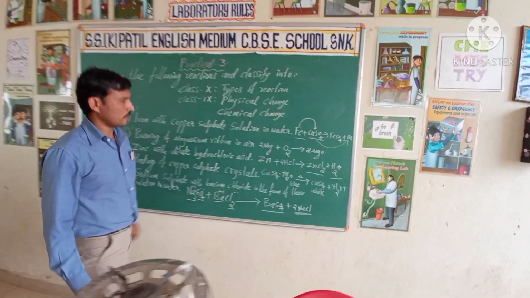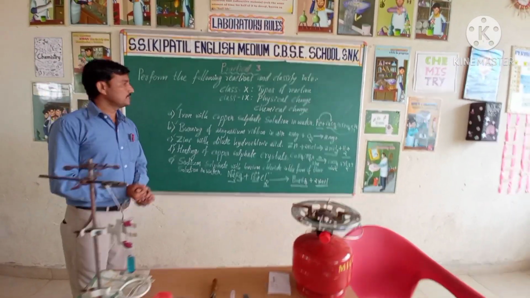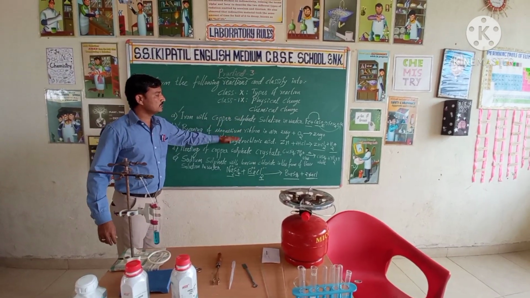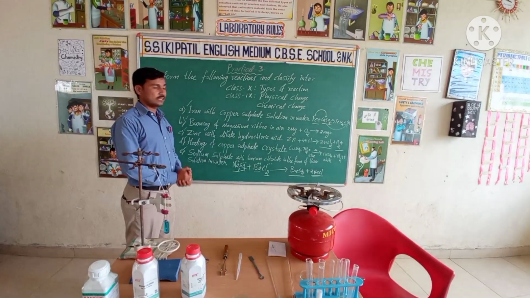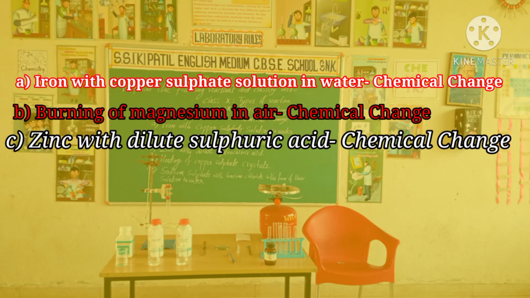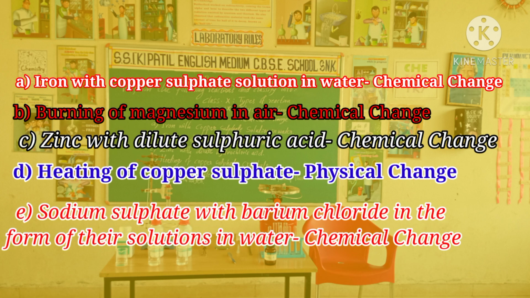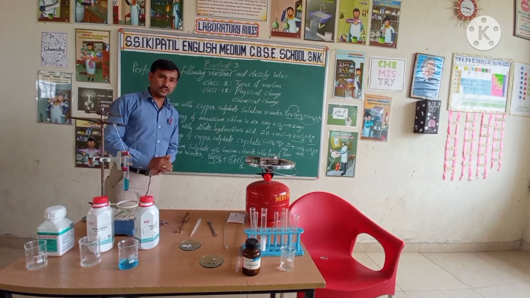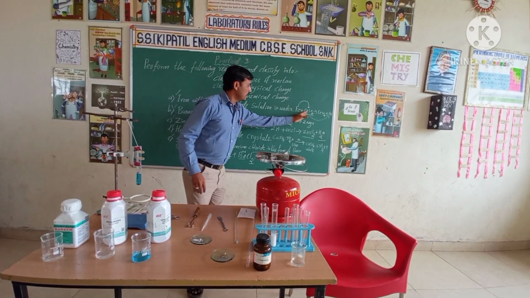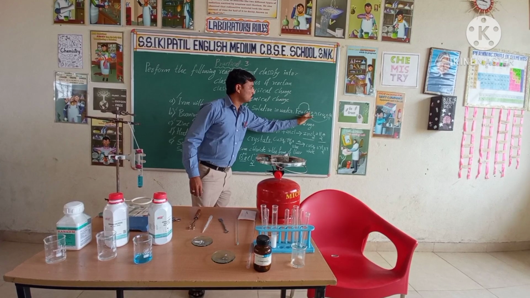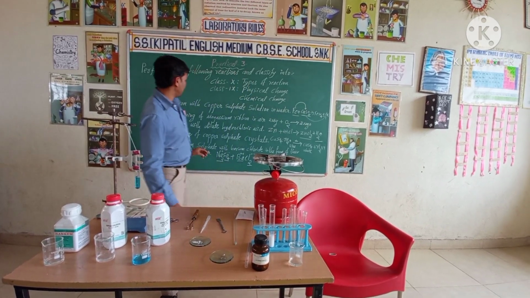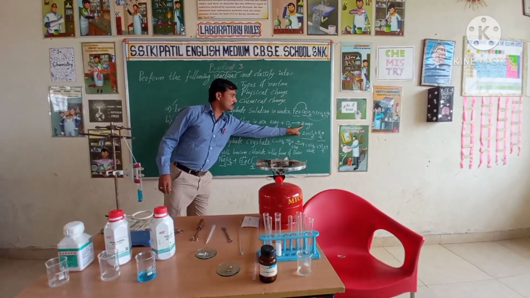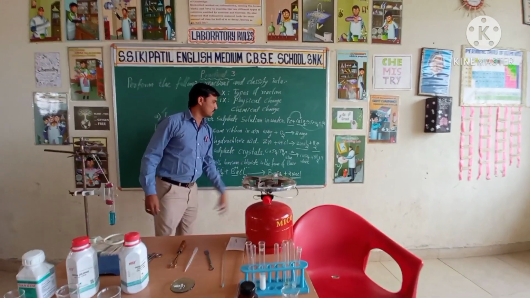Got it? Okay, now along with all these, for class 9 we saw what are physical changes and what are chemical changes. For class 10, these are the types of reaction. Displacement of copper from its solution is a displacement reaction. Two or more reactants combining to give a single product is a combination reaction, students.